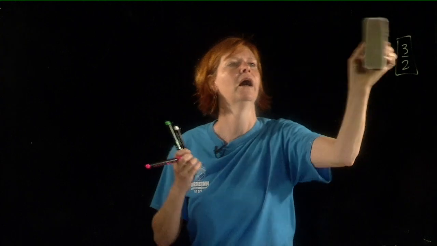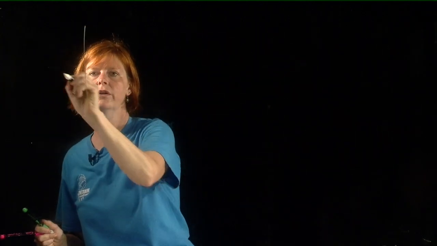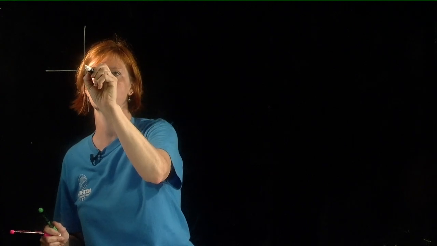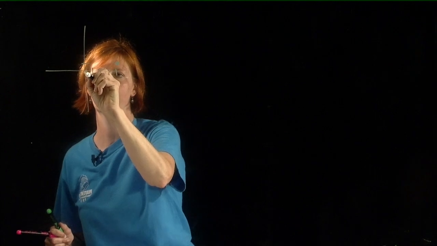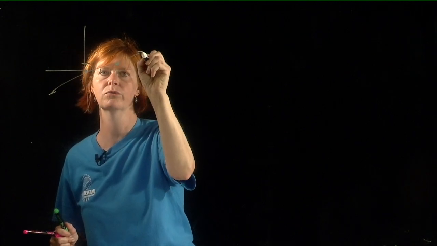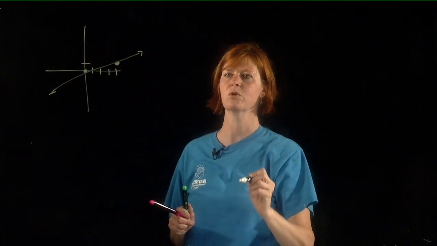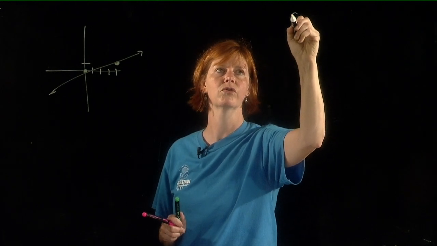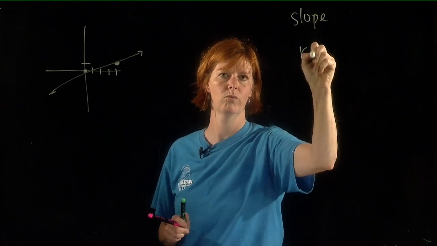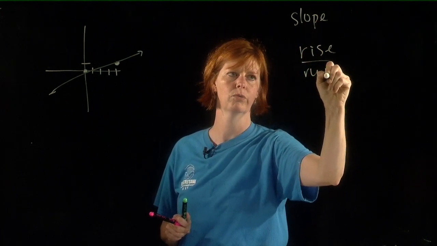Okay, let's do another problem. This time, I want to show you that it doesn't matter which order you go from. So let's do 1, 2, 3, 4, 1. And for ease, I'm going to keep running through the origin. What is the slope of this problem? Slope, rise over run.